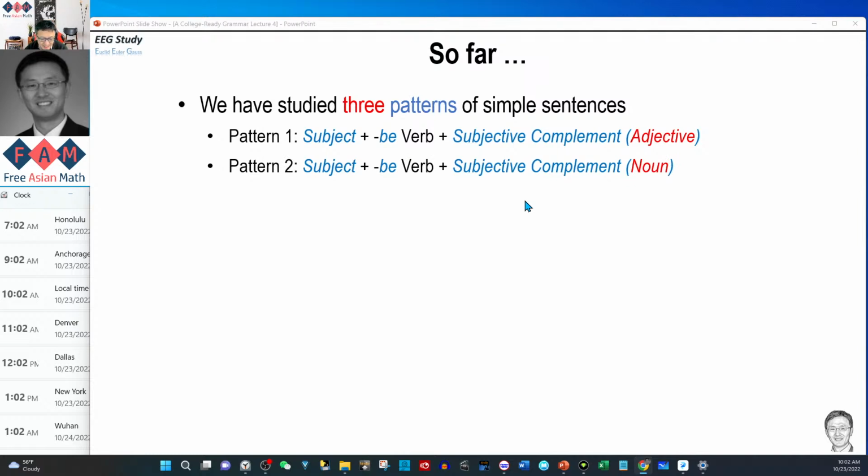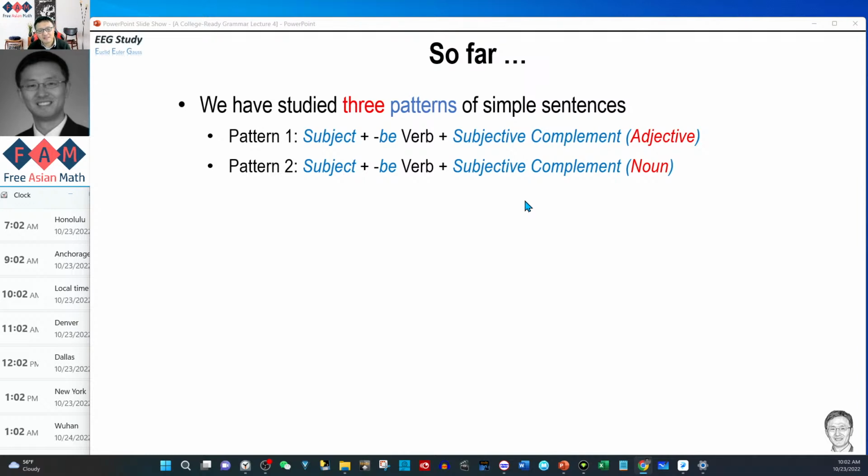And the second pattern, pattern 2, is we still have a subject and the be verb, and we still have a subjective complement, but this subjective complement is a noun. So you have 2 types of subjective complement. One is an adjective, the other is a noun, but both of them supplement the idea about the subject.